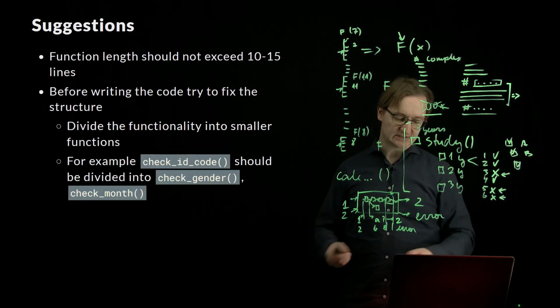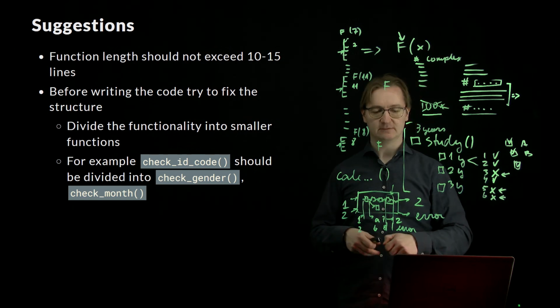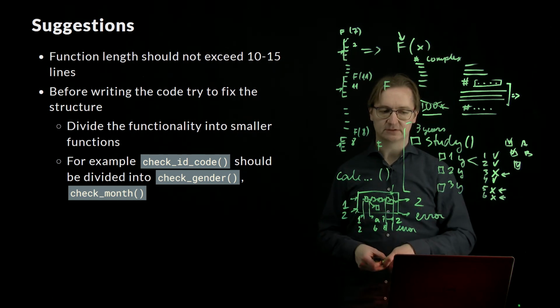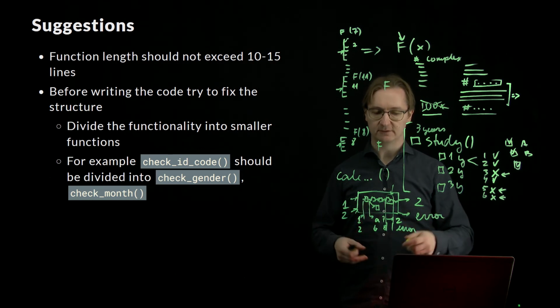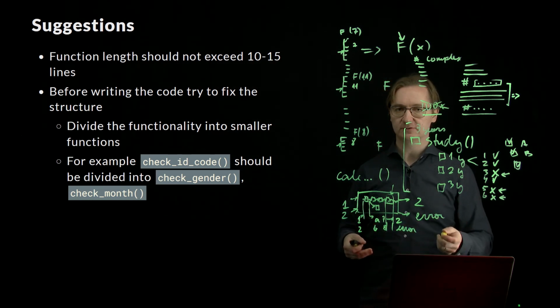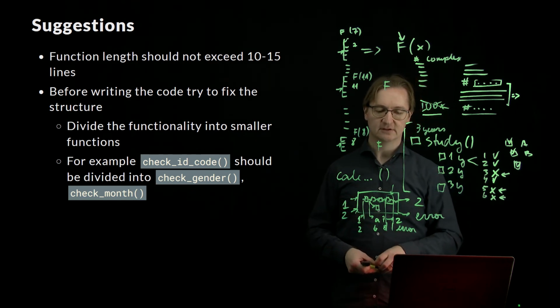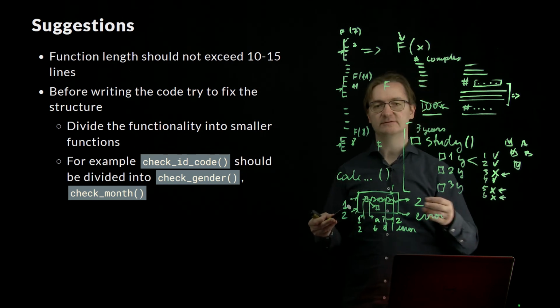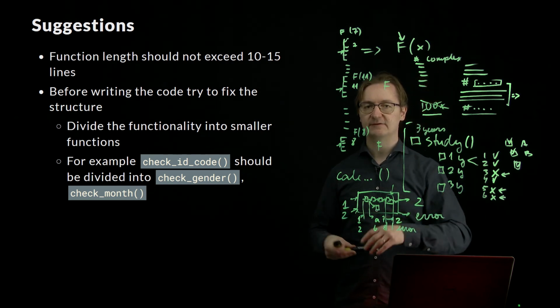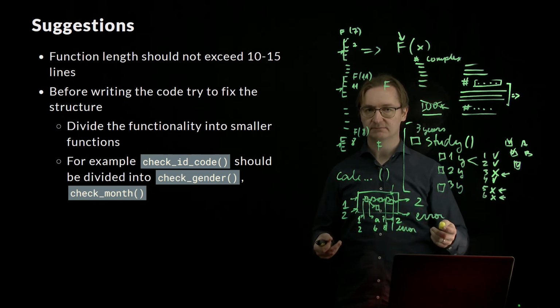So just an example. If you have a program which wants to check whether the ID code of a person is correct. Every country has different rules, but let's say we have a concrete country, we have concrete rules, and every person has a unique ID.